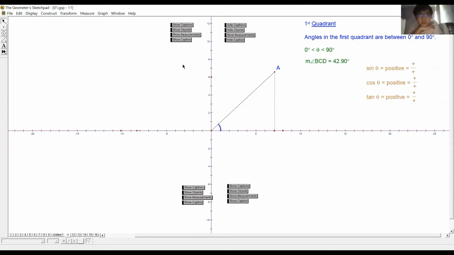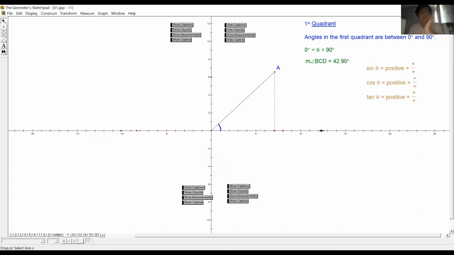I told you earlier that the Cartesian plane, the xy rectangular coordinates, is divided into four quadrants. The first quadrant is on the top right hand corner. This is the first quadrant. The first quadrant is the angle between 0 and 90 degrees.